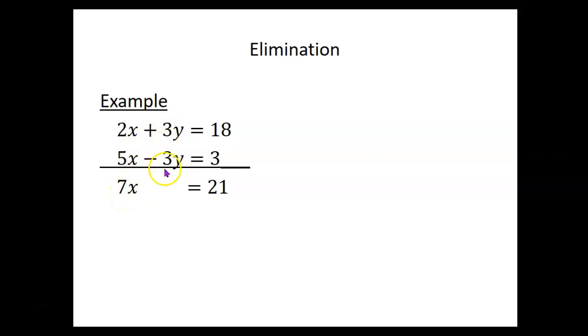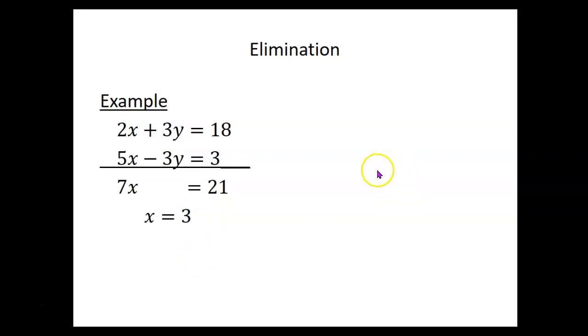The plus 3y and the minus 3y just add up to 0. And on the other side of the equal signs, the 18 and the 3 add up to 21. So that gives us the equation 7x equals 21. From there, we just divide both sides by 7, and we get that x equals 3.